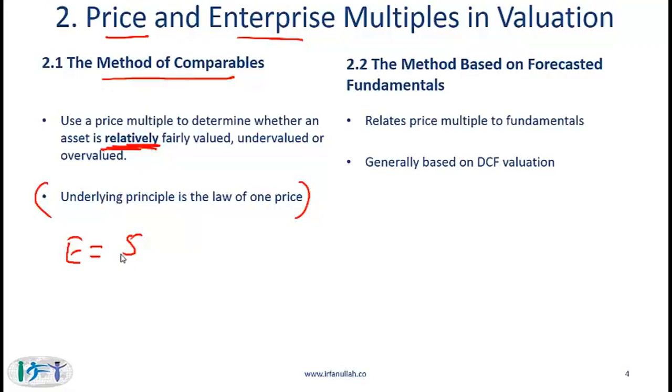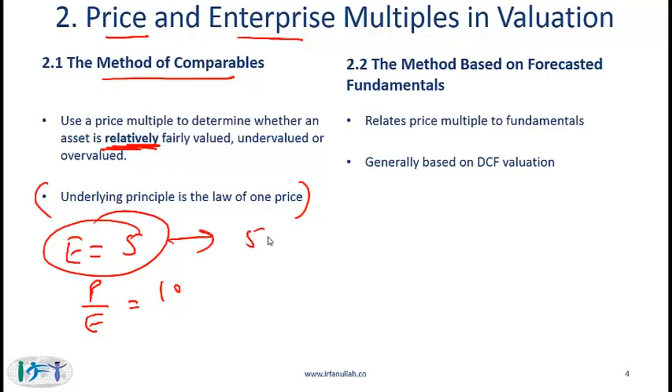And a set of comparable companies have a PE multiple of 10. So what is the projected price or the anticipated price, assuming they are comparable? The projected price would be 50. So here we are using a method of comparables to come up with price.